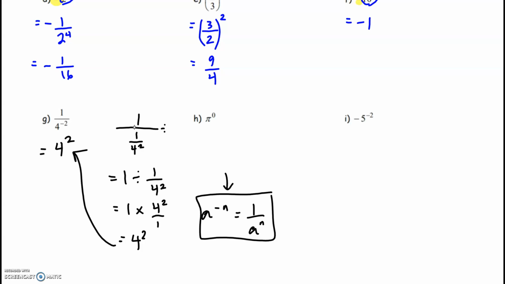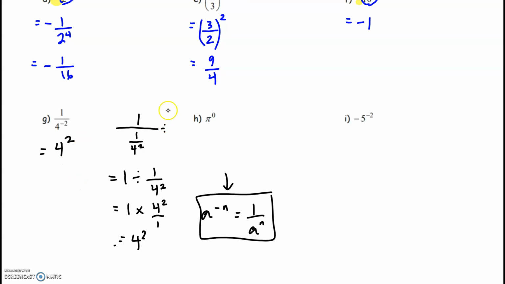So you can think of it as any time you have a negative exponent, if you move it to the numerator, it'll change positive. If the negative exponent's in the numerator, move it to the denominator, it will make it positive.